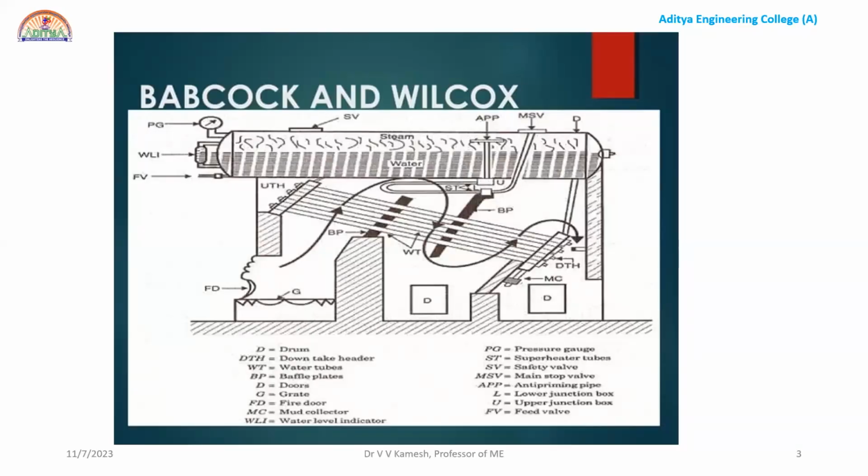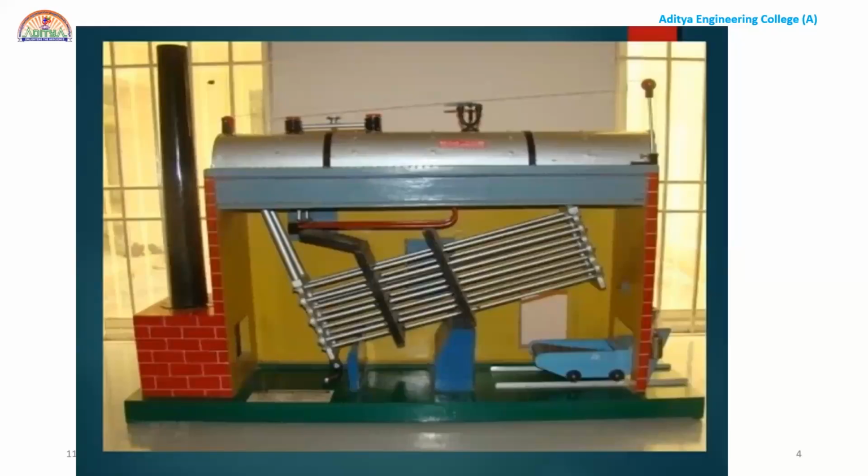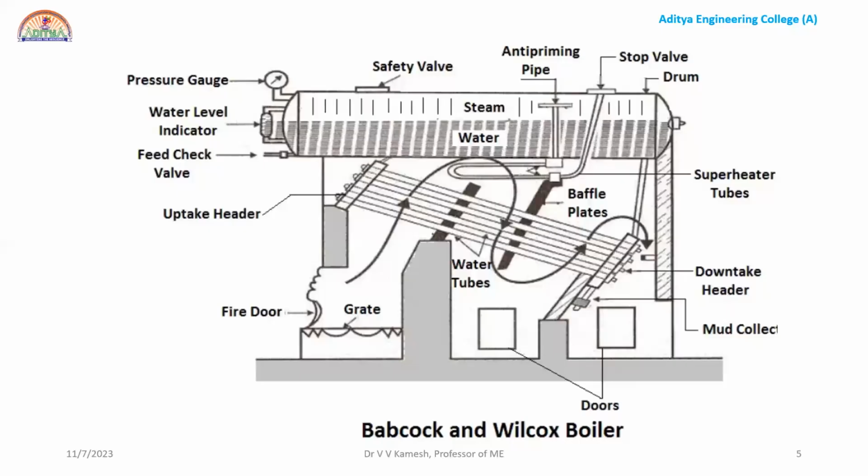So this is the line diagram of the Babcock and Wilcox boiler, and this is the model which is present in our laboratory. Coming to the fundamental parts, the first one is the boiler shell.